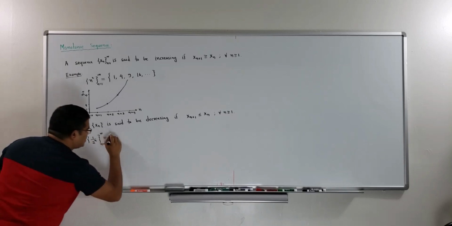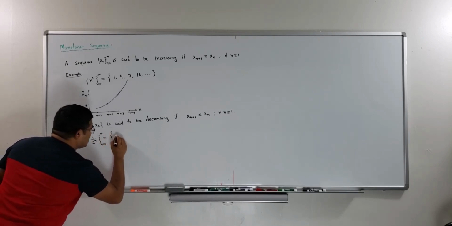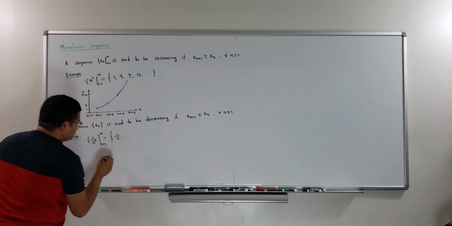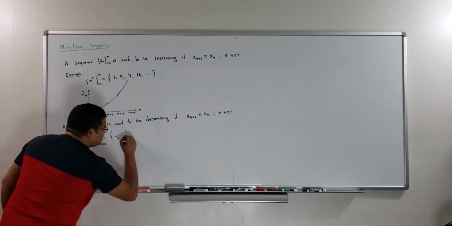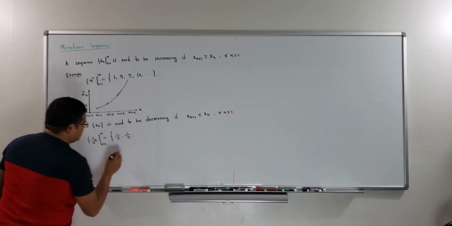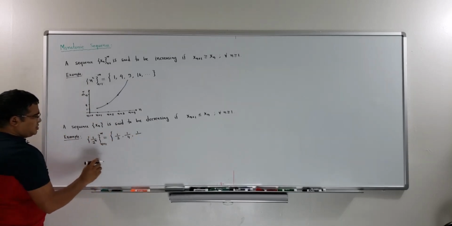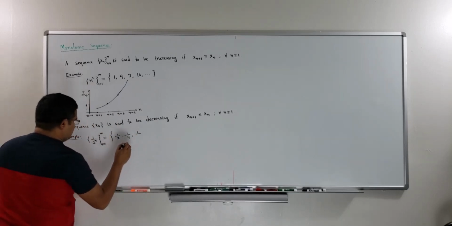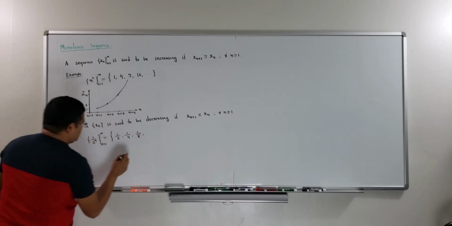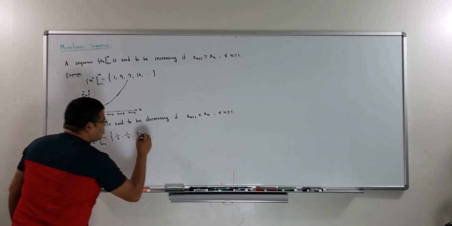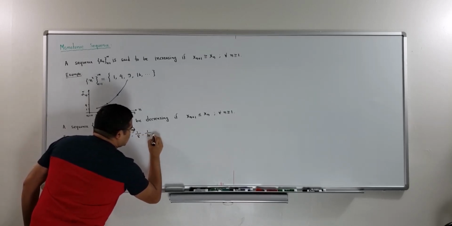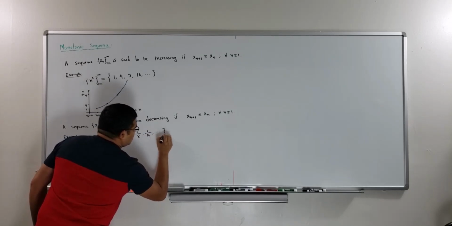When n is 1, it is 1 over 2. When n is 2, it is 1 over 4. When n is 3, it is 1 over 2 to the power 3, so it's 1 over 8. And when n is 4, 2 to the power 4 means 1 over 16, and it keeps going on.